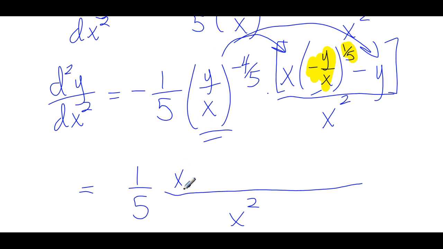But I am multiplying this y over x to the negative 4/5 times this guy, and because the bases are the same, I can just add the exponents. So negative 4/5 plus 1/5 is going to be y over x to the negative 3/5. And then I've got a minus y over x to the negative 4/5 times y. It's going to be a plus now because I distributed this negative sign through. So this becomes a plus y over x to the negative 4/5 times y.